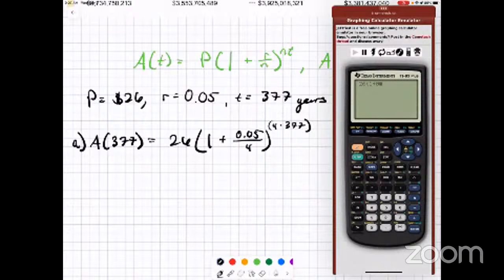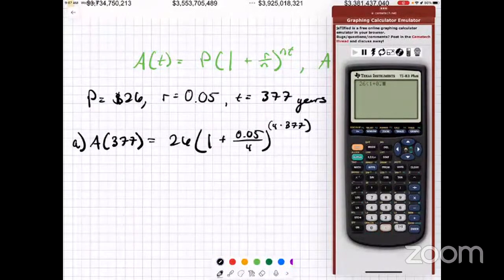Okay, last step. 26, open parentheses, 1 plus 0.05 divided by 4. Close parentheses. Hat, 4 times 377, multiply. There we go. 377. And close parentheses. We're getting the hang of this.